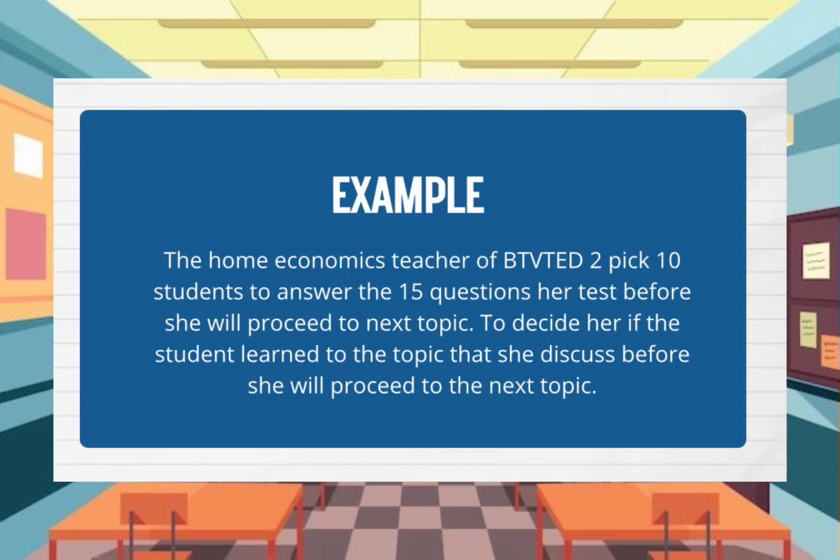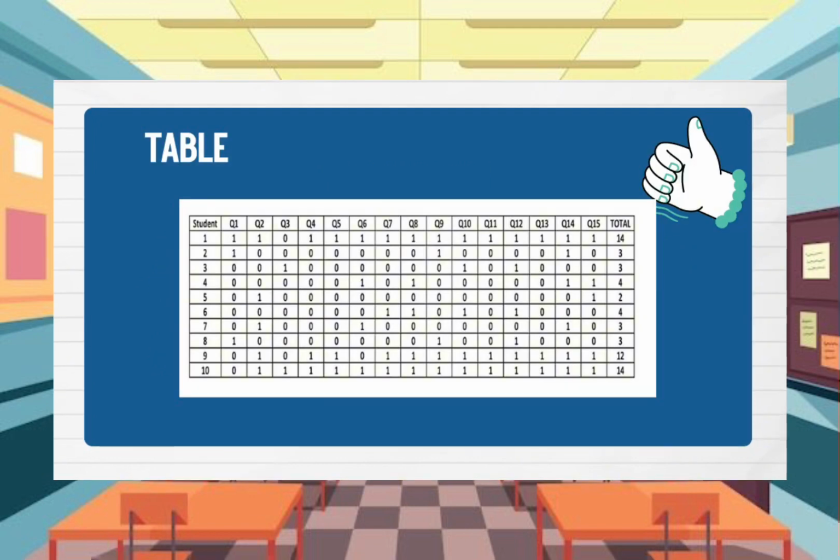The home economics teacher of BTLEd 2 picked 10 students to answer the 15 questions on her test before she proceeds to the next topic. She will decide, based on whether the students learned the topic she discussed, if she will proceed. Here's the table for the example of item consistency.